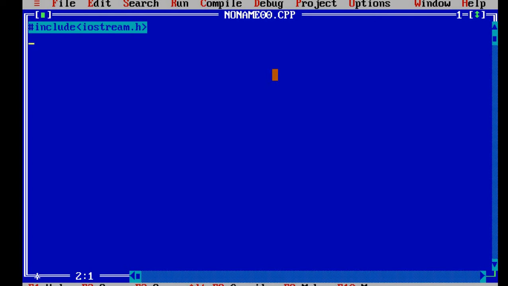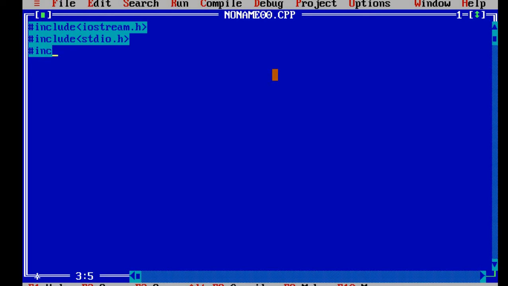The second header file is hash include stdio.h, which is for standard input output.